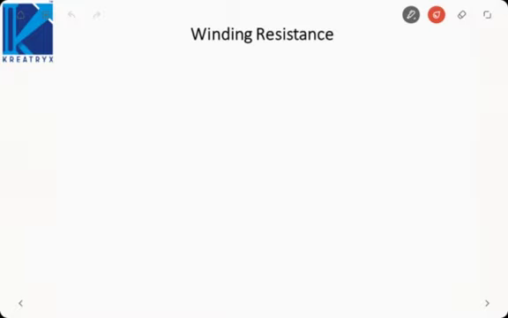So if I transfer the resistance, let us say it becomes R2 dash, then copper loss will be I1 square R2 dash, because now R2 dash will be lying in the primary winding. It must be equal to I2 square R2.